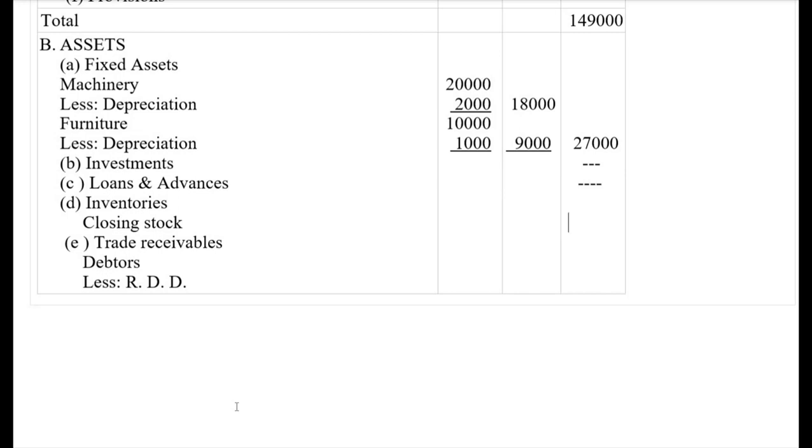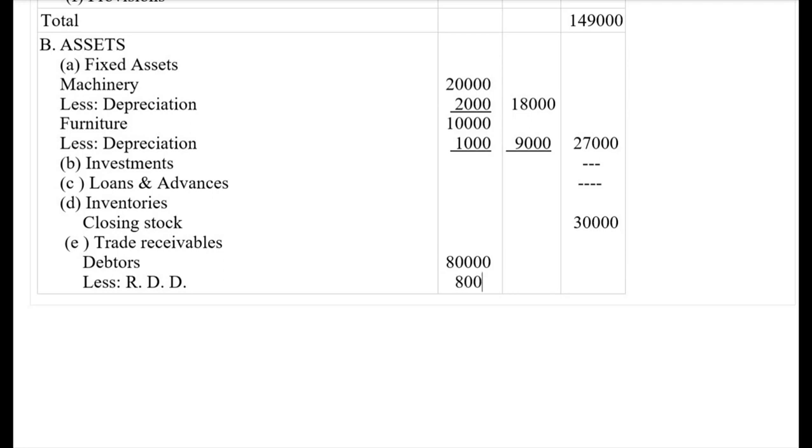Then the closing stock is given as rupees 30,000. Then debtors here, so the value of debtors which is given in the problem is rupees 80,000. So 80,000 less RDD 8,000.